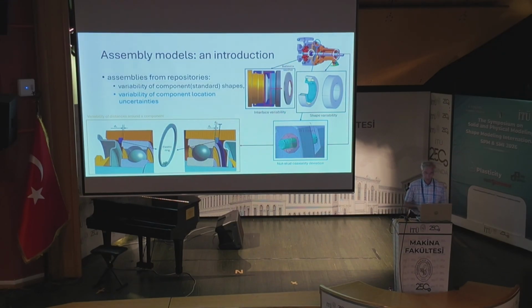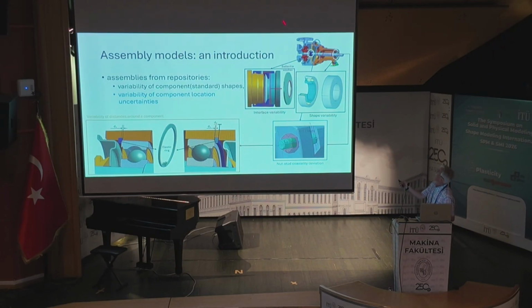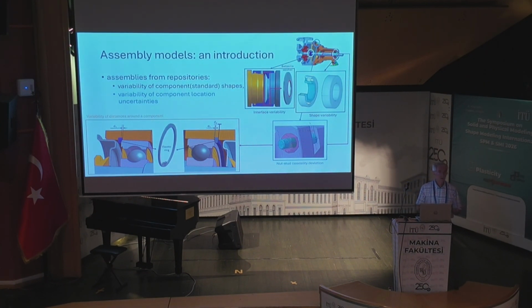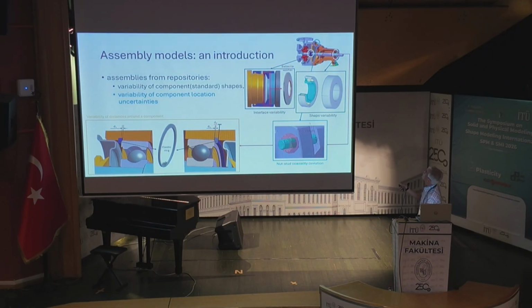Still talking about assembly models, as you can see with this example, here we have a cutout of a hydraulic pump and several local zones. You have component shape variability that you can face in assemblies, like here with the white zone that is indeed a bearing, a ball bearing.